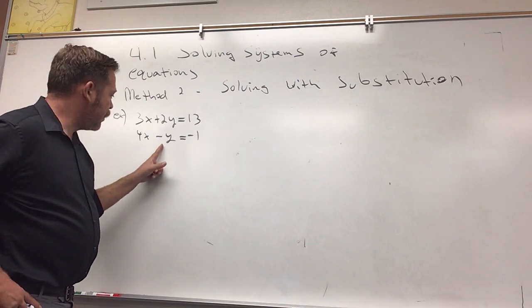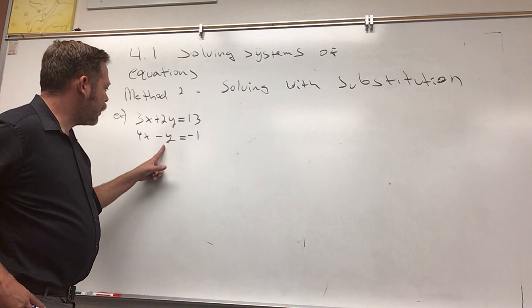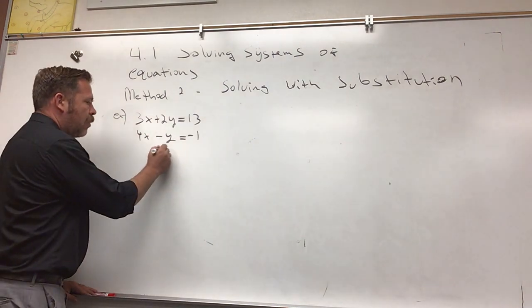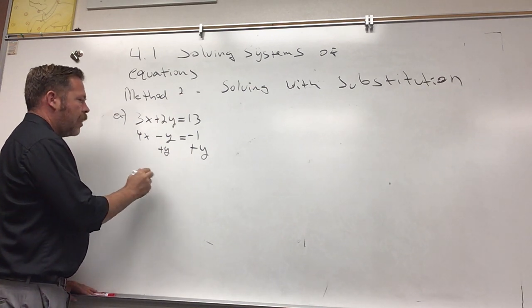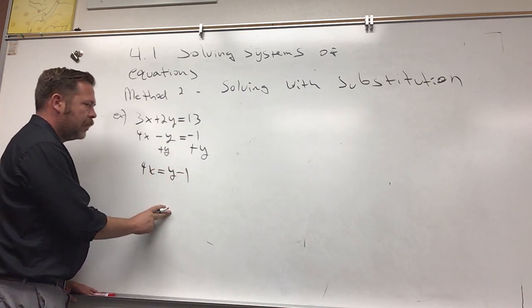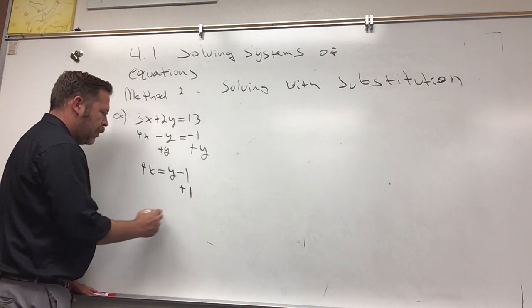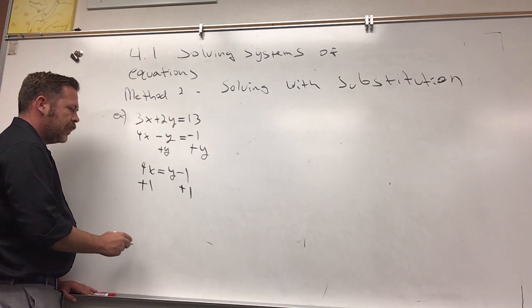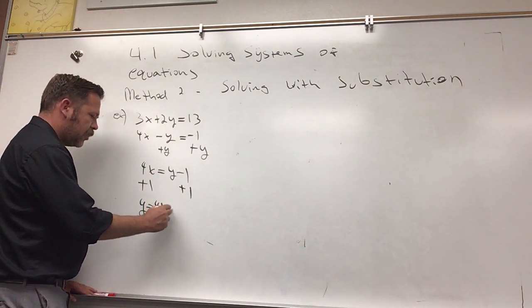This y looks like it's good to solve for because there's no number in front of it. So if I just add y to the right side, I would get 4x equals y minus 1. And then I would add 1 to both sides. And ultimately I get y equals 4x plus 1.